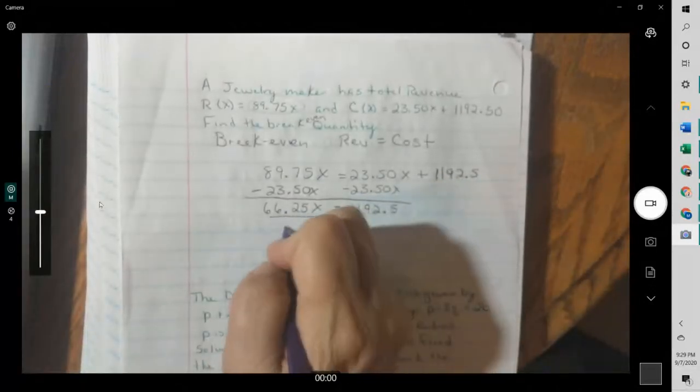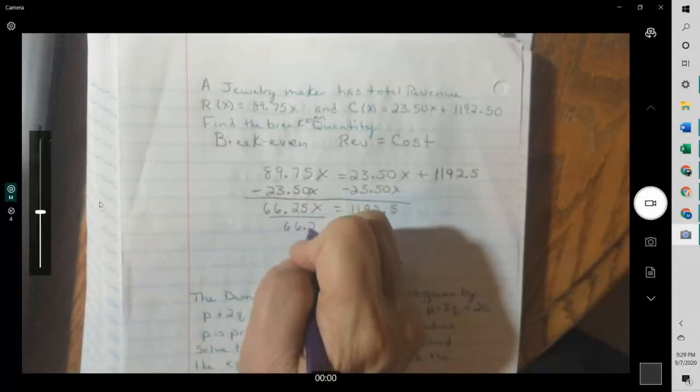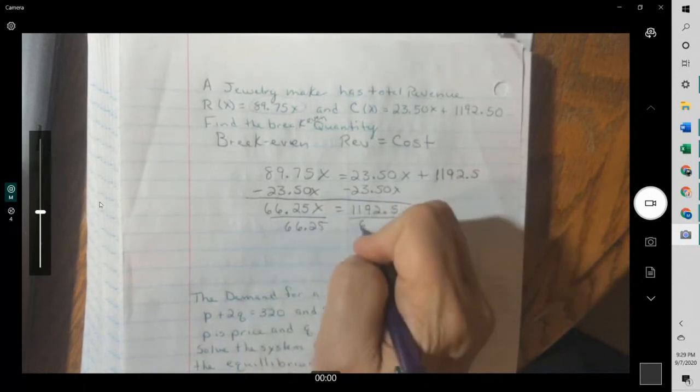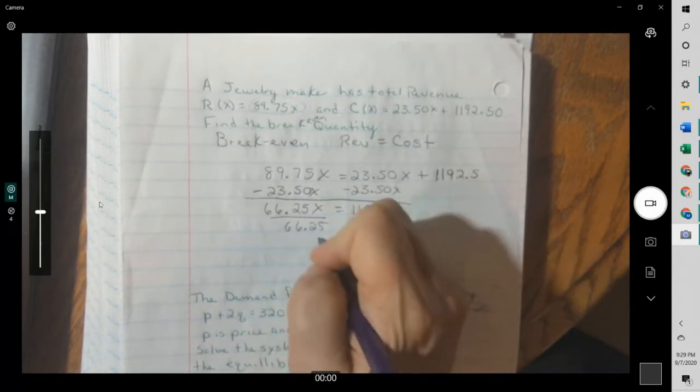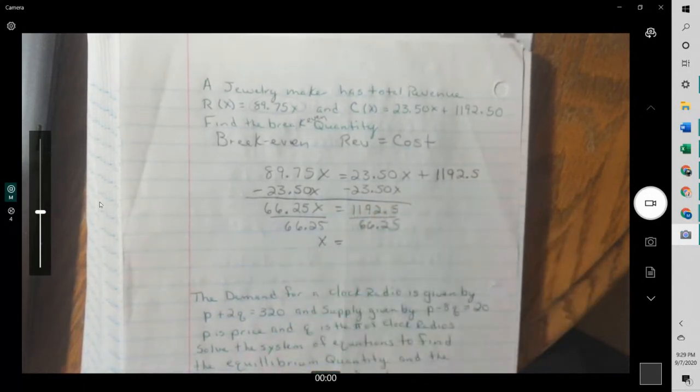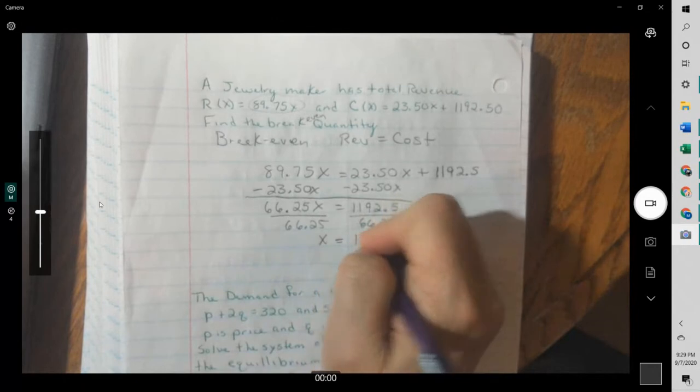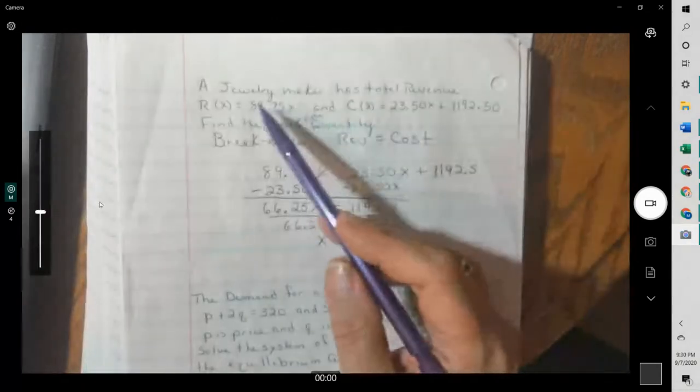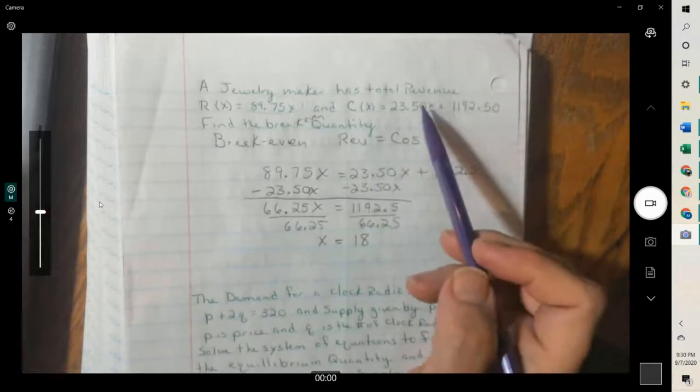And then we're trying to get x by itself, so we divide. So x equals 1,192.5 divided by 66.25, which is 18. x was the quantity of jewelry.